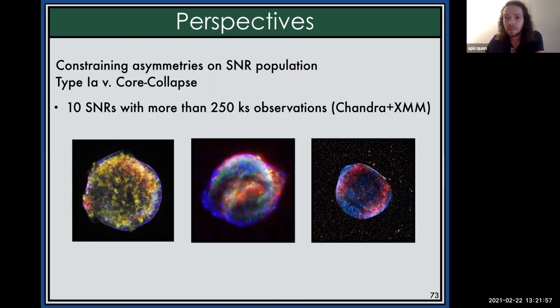Cassiopeia A is a core collapse supernova, but maybe that kind of result about the asymmetries could also be interesting to see in type 1a supernovae, and maybe after some studies like that, we could try to see a trend to compare the way asymmetries evolve between the thermonuclear supernovae and the core collapse supernovae. And currently there are 10 supernova remnants with sufficient statistics to apply the GMCA or PGMCA, so we could do this.